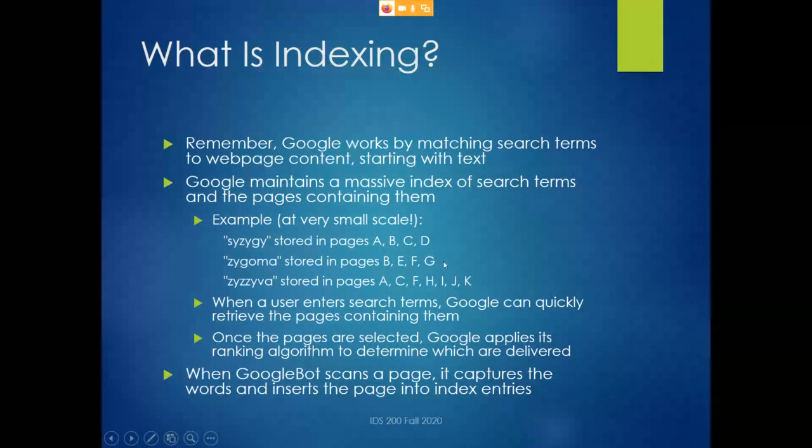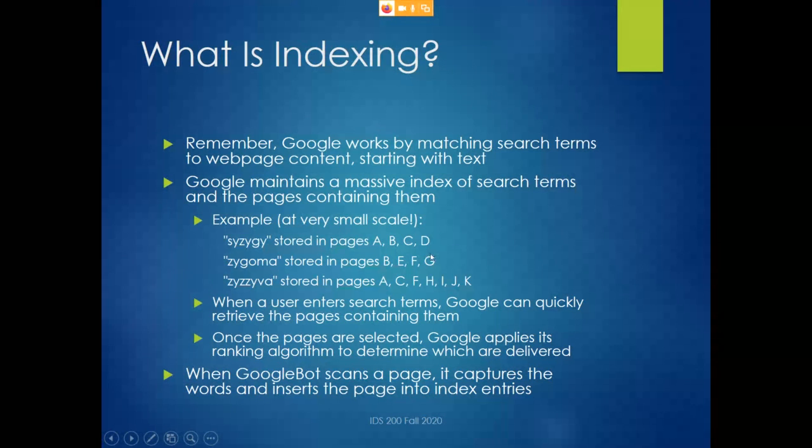So, for example, a very small index, suppose you had an internet that consisted of 11 pages, A through K, and only 3 search terms you wanted to consider. So we had some oddball ZY words like syzygy and zygoma and zizava, which are all actual words, I promise you.